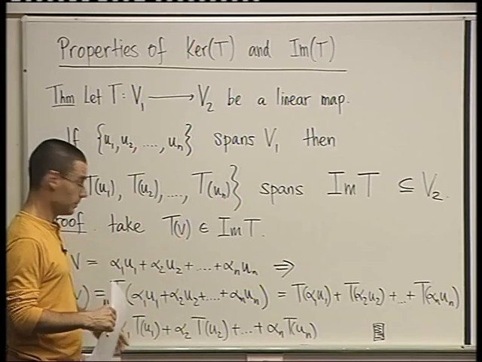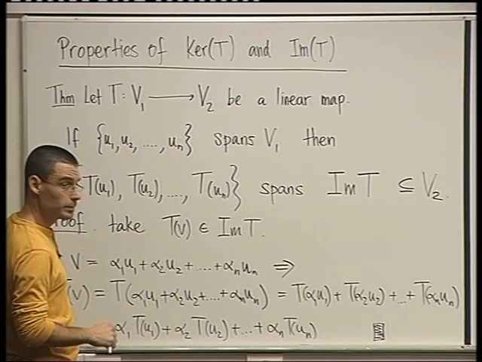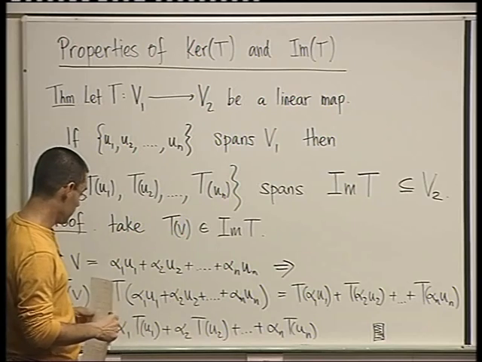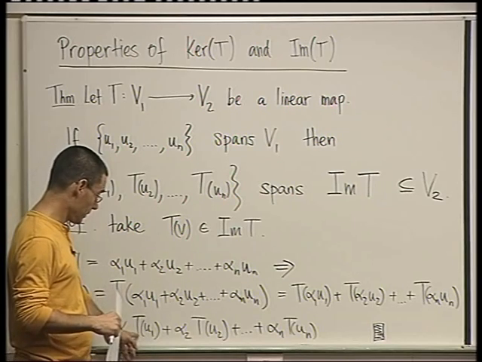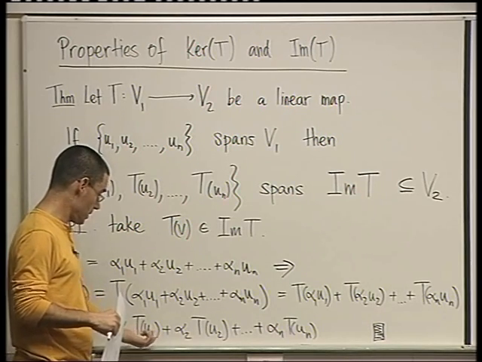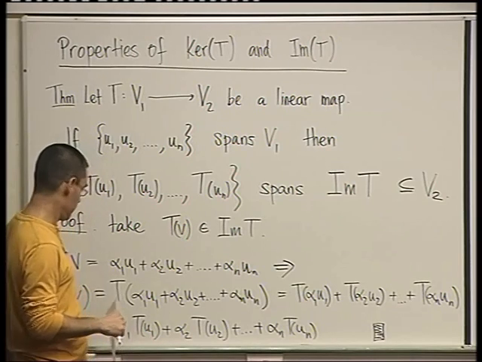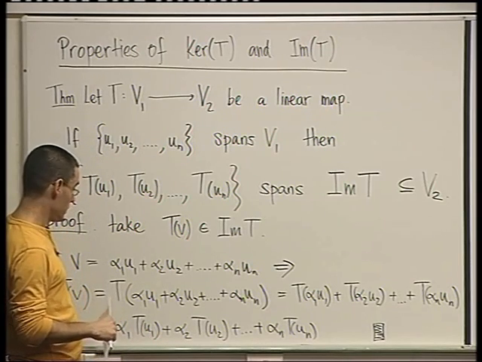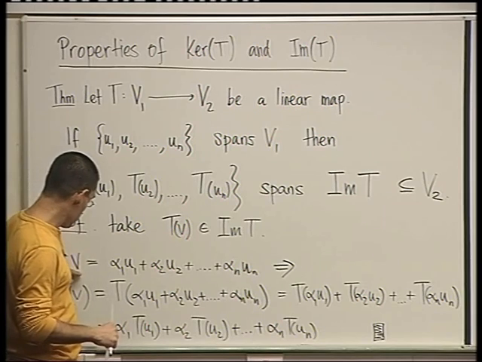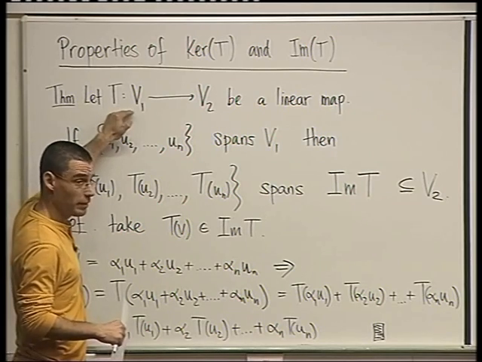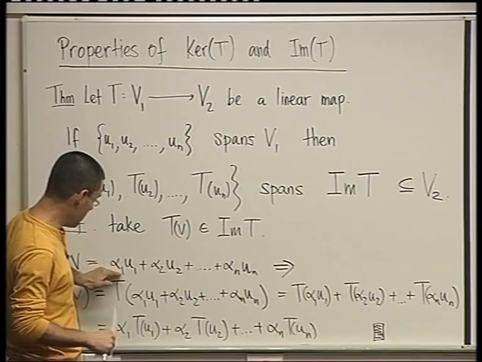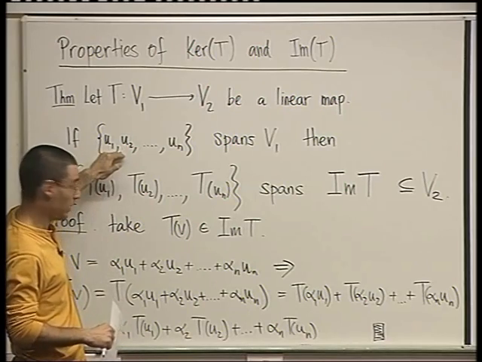So the T's of the u1, I'm talking about the last line. These guys are a linear combination of the... no. That's the part I didn't understand in the end. V is an element of V1. Therefore, it's a linear combination of a spanning set of V1.